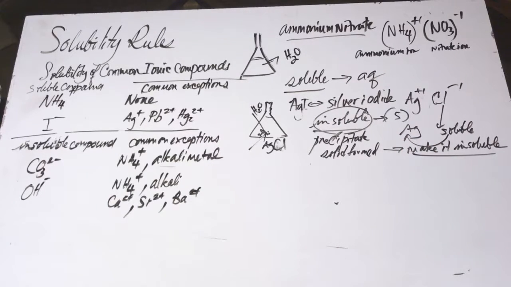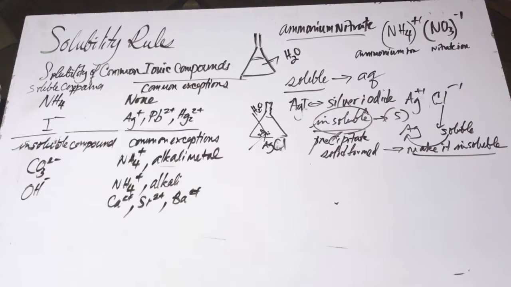Now let's go back and look at the equations, to see whether or not, when you dissolve these two things, there will be a precipitate. Let's look at the question.